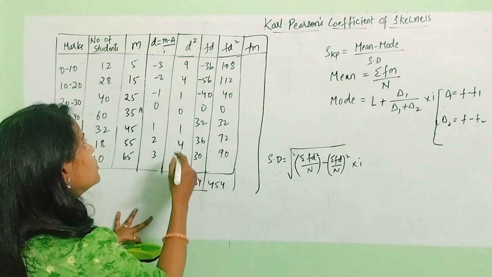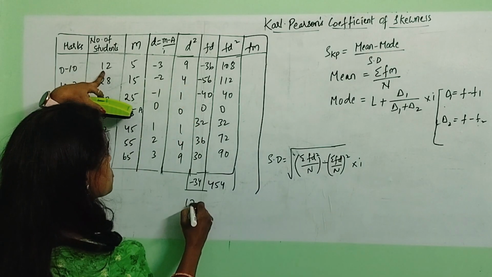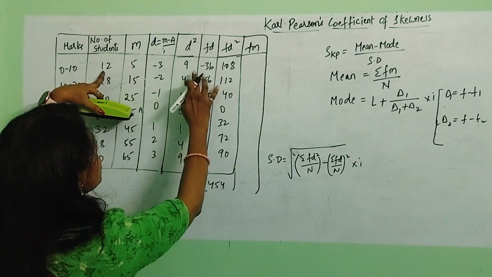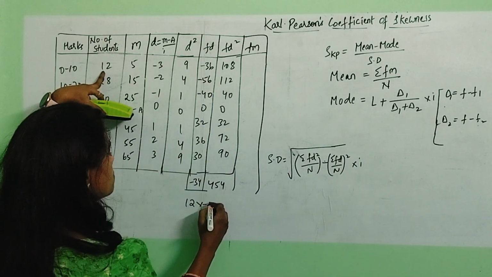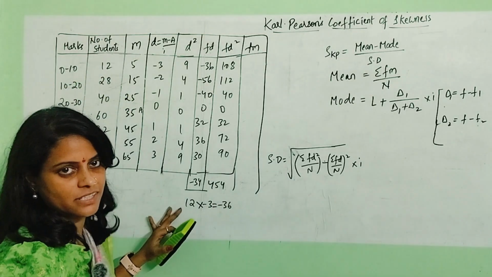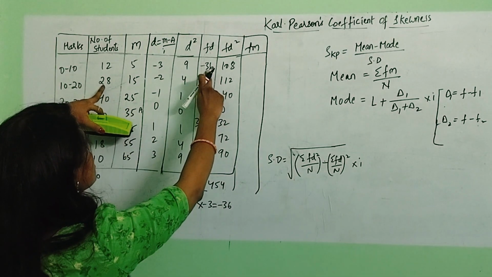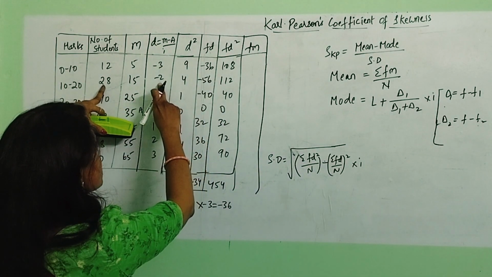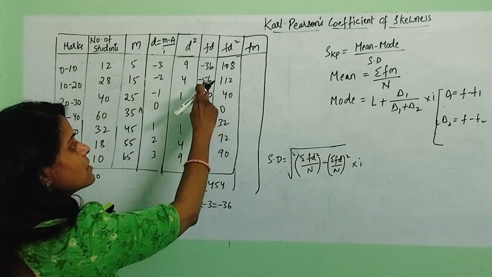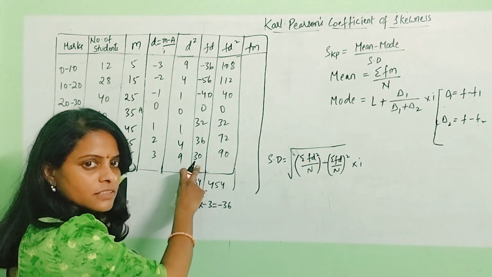The f value is 12, and the d value is minus 3. 12 into minus 3 is minus 36. In that way, you have to calculate. The same for 28 into minus 2, that is minus 56. Next, minus 40, 0, 32, 36 and 30.